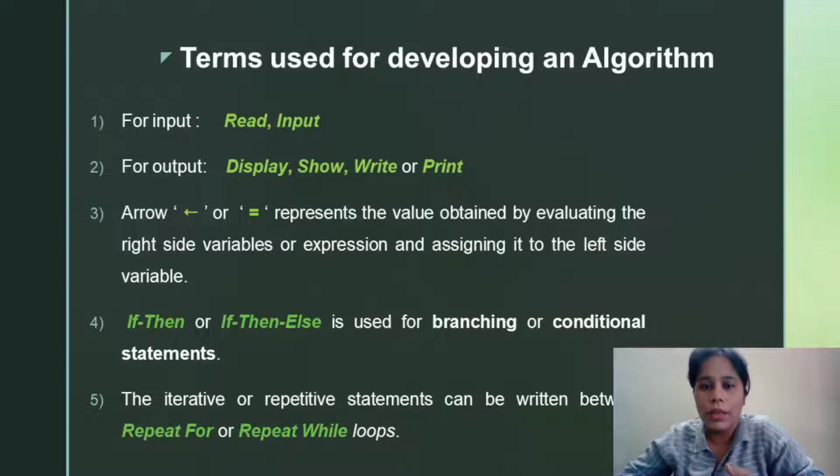That means value obtained by evaluating the right side variables or expression and assigning it to the left side variable. For branching or conditional statement, we can use if then or if then else like statements. The iterative or repetitive statement can be written using repeat for or repeat while loops.